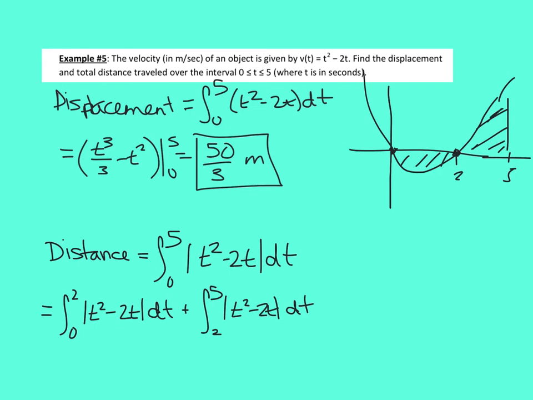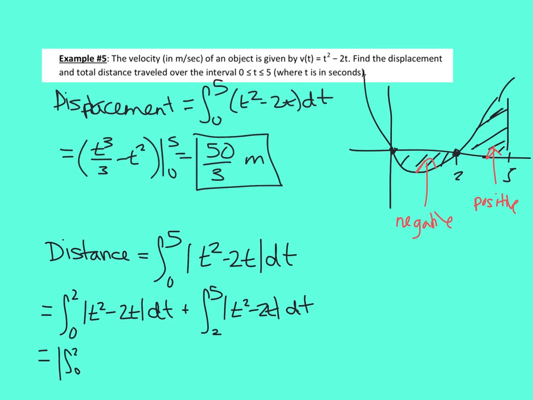I want you to notice, if we look at our picture, that this is going to give us a negative area because it's below the x-axis. This one's going to give us a positive area. So the way I'm going to account for that is, for the first one from 0 to 2, I'm going to take the integral.